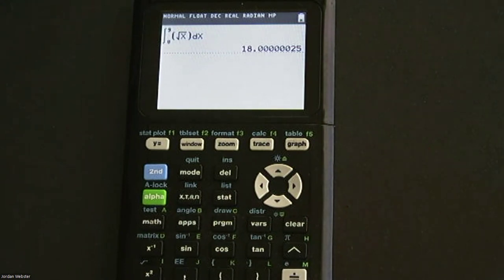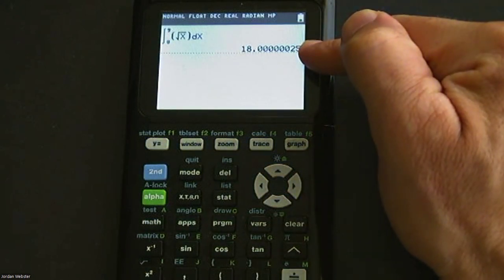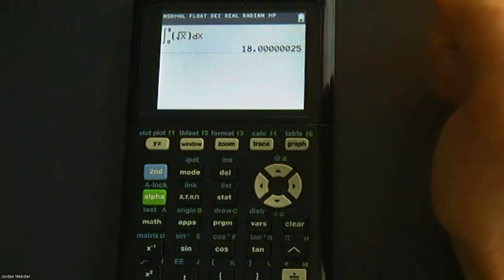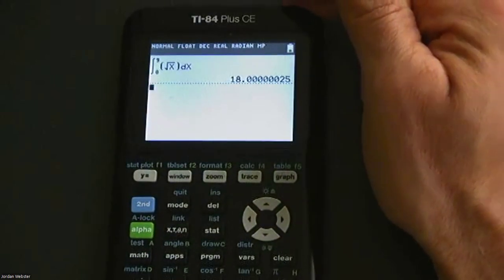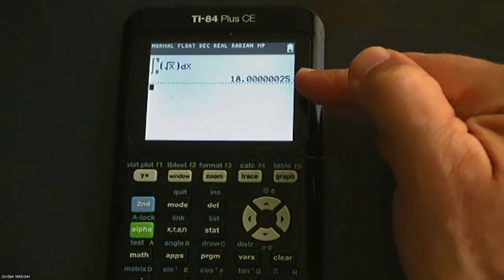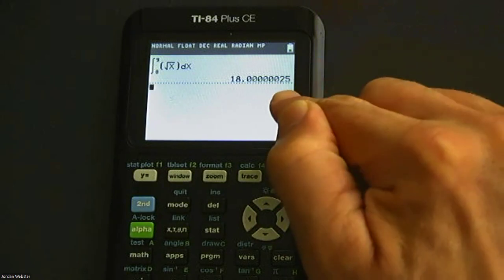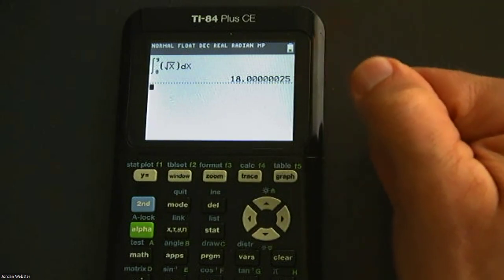Now, the reason your calculator gives you a slightly different number than when you integrate it by hand is because of the numerical process that the calculator uses to find this. It uses a numerical approximation process, which sometimes can lead to some rounding errors, especially down here in what's that, the eighth decimal place.